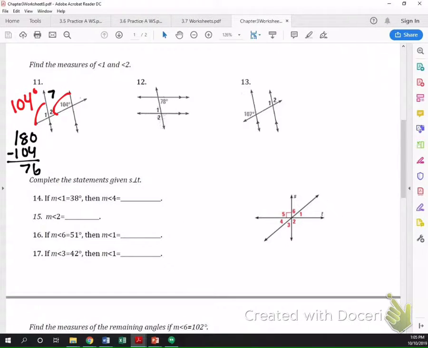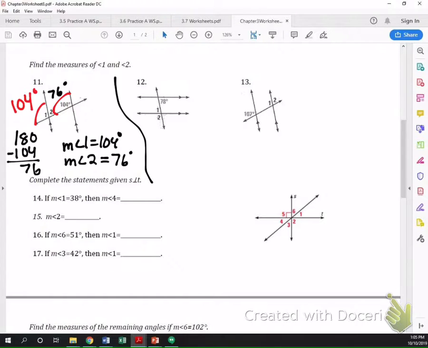And the reason you know that, you could use that these two are a linear pair, or you could use that these two are same side interiors, okay? So if you want to put it right in the diagram, that's fine. If you want to write it out below, that's fine too. So the measure of angle 1 is 104. The measure of angle 2 is 76.